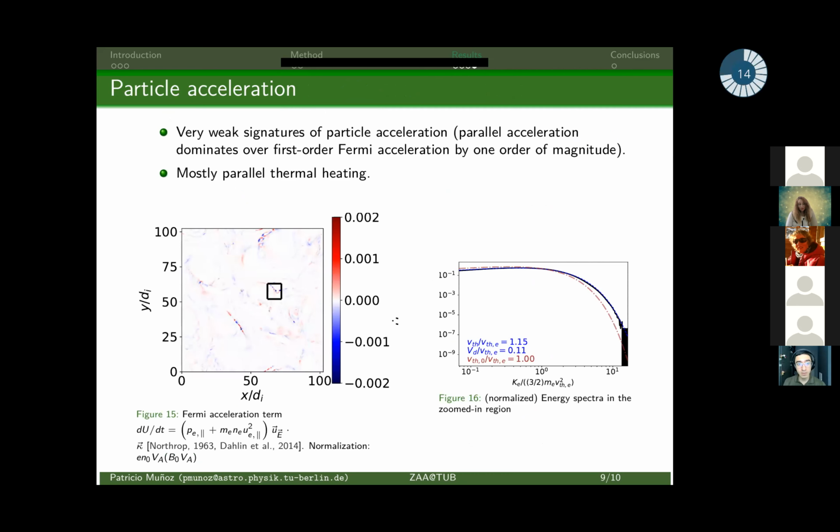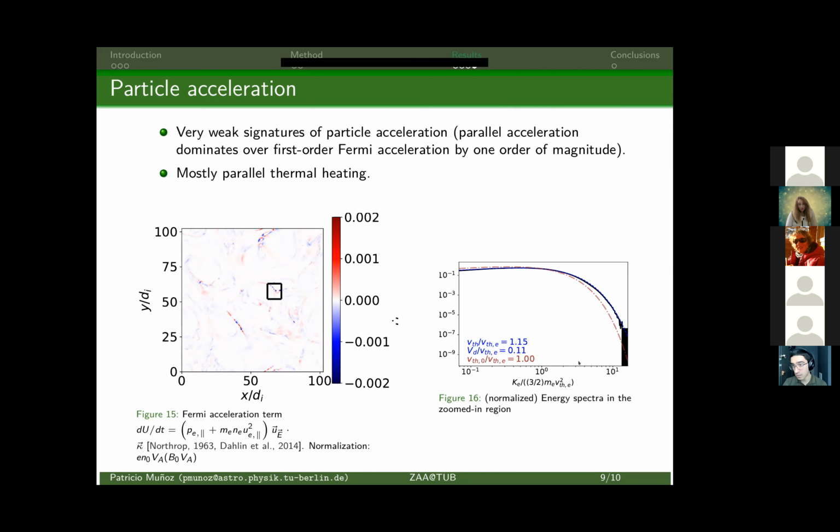And finally, what are the consequences of this for particle acceleration? In general, we found relatively very weak signatures of particle acceleration. By weak signatures, I mean almost no formation of power law in the energy spectra, as we can see here.